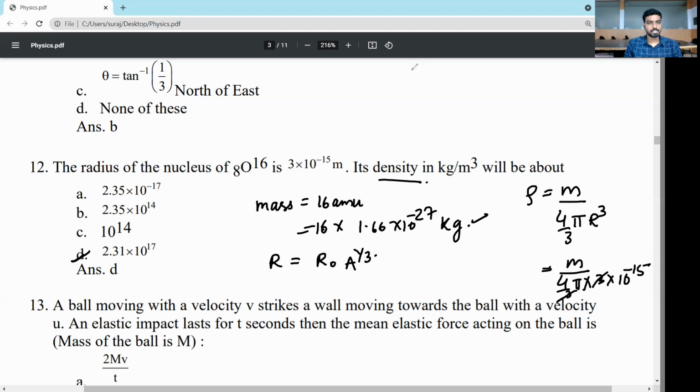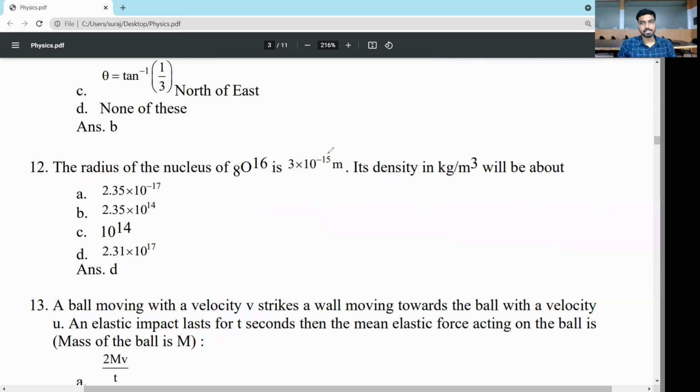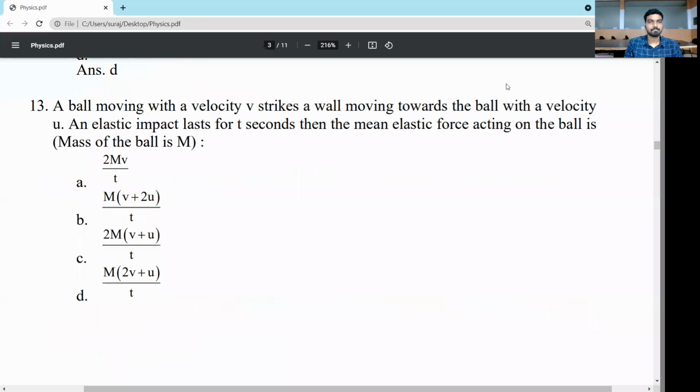Now question number 13. What is given here? A ball moving with the velocity v strikes a wall moving towards the ball with the velocity u. Okay, collision based problem. So there will be a wall, and the ball is moving with velocity v.